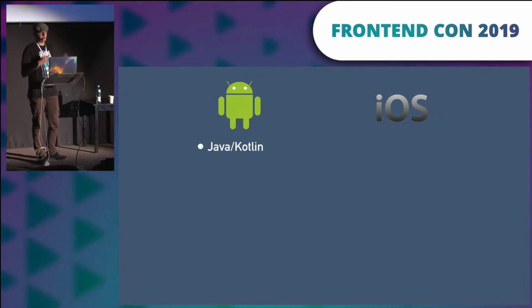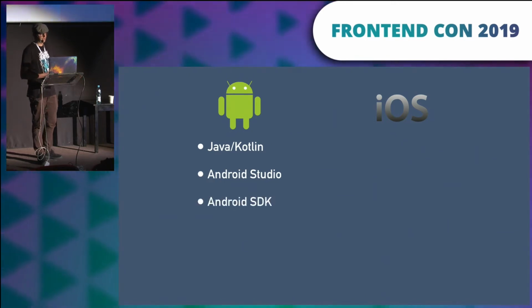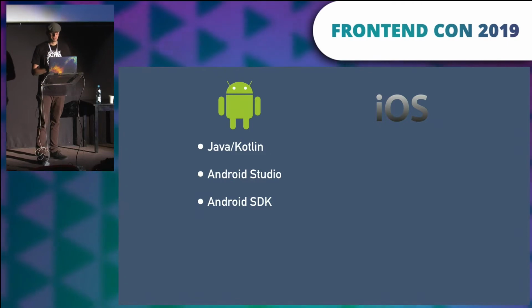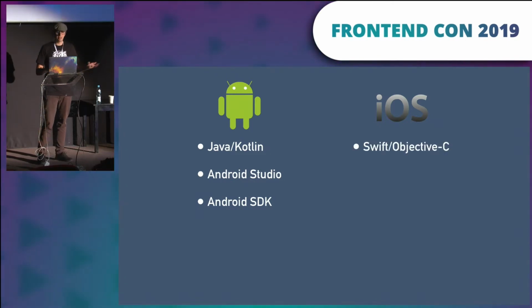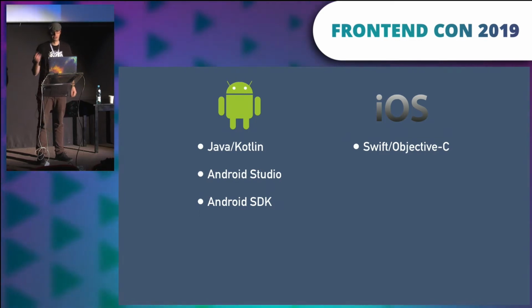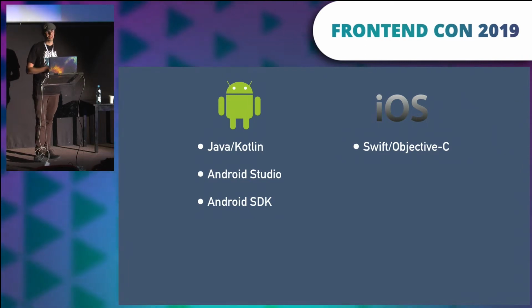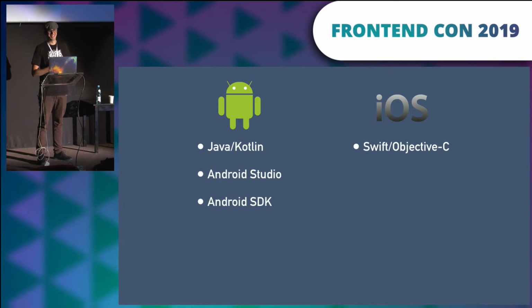So for Android, you have to know Java or Kotlin. You have to install Android Studio, and you have to know about the Android SDK, study it, learn it. And the same thing kind of for iOS. You have Swift or Objective-C. If anyone here ever used Objective-C, I'm sorry.